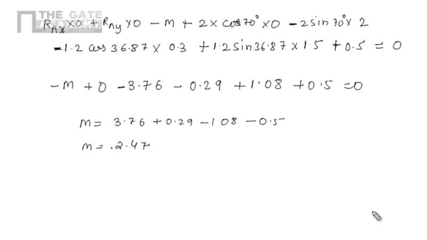So it is coming positive. So this will be the moment here, that is in kilonewton meter. So in this way we can calculate the moment by applying condition number 3. With the help of these conditions of equilibrium, we can calculate each and every moment.